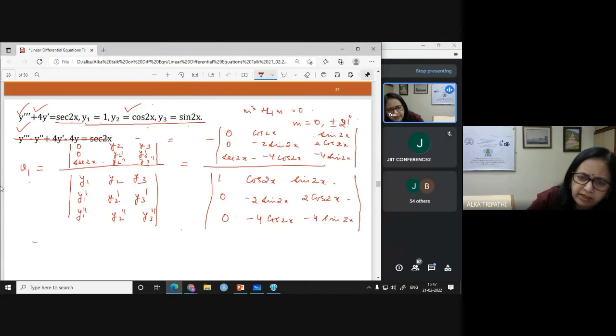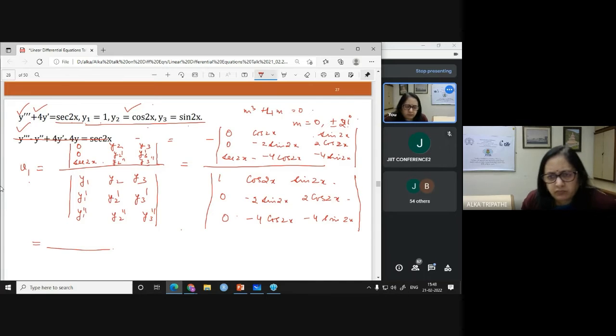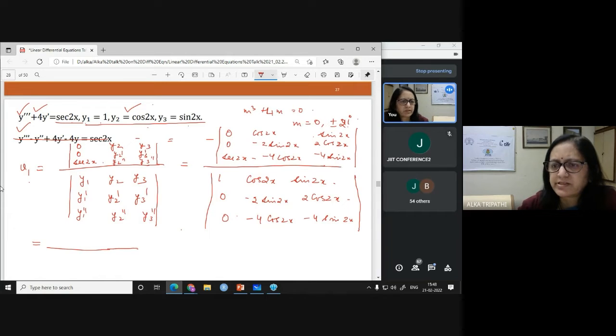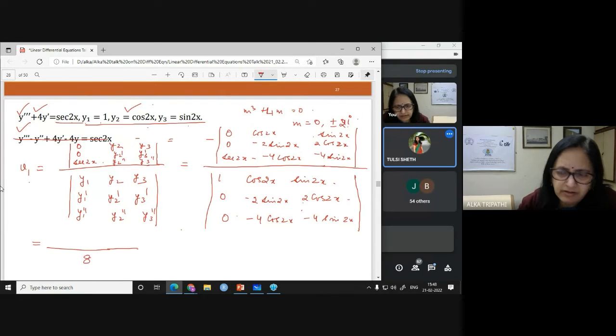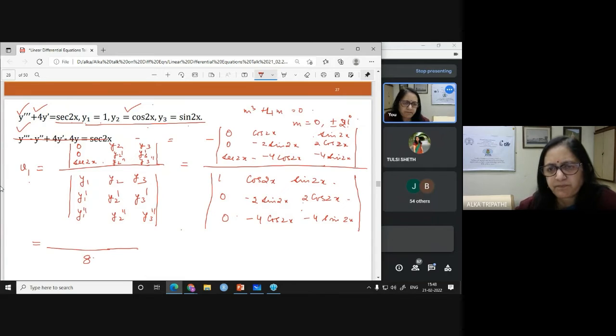When we simplify, what is the denominator? Can anyone tell me what will be the denominator value? Is it 8, ma'am? Yes, correct. And the numerator will be? Denominator is correct, Tulsi.